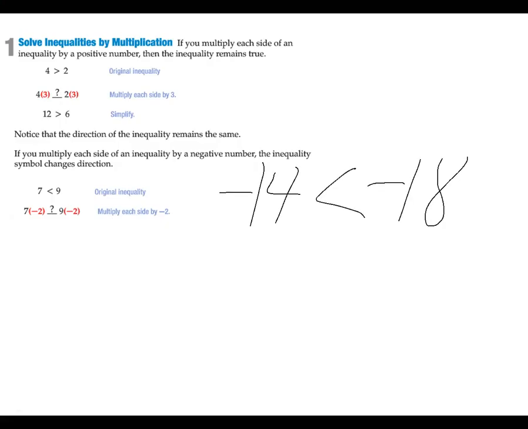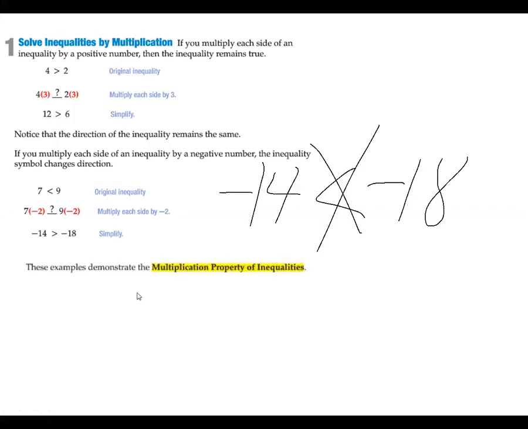And if you left the inequality symbol as less than, that would not be true because negative 14 is to the right of negative 18 on the number line, so it's not less than negative 18. So what do we do to fix it? You flip the inequality symbol. Remember, when you multiply both sides of an inequality by a negative number, negative is like taking the opposite, so you have to do the opposite sign in between, okay?